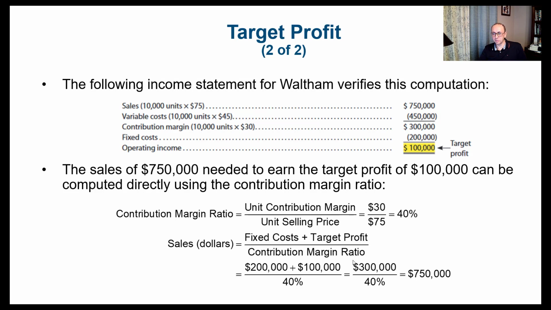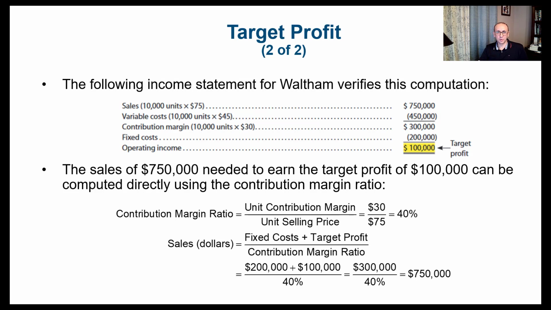The sales dollars to reach the desired profit of 100,000 would be 200 plus the 100 divided by 40%, and that would be 300,000 divided by 40%, which is equal to $750,000 in sales. So to make a profit, given the variable cost and the fixed costs we have, to make a profit of $100,000, we need to make sales of $750,000.